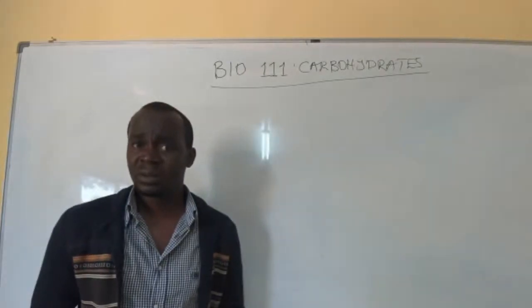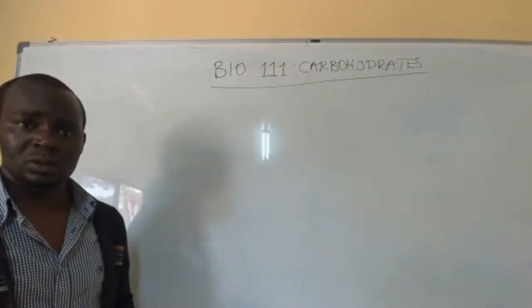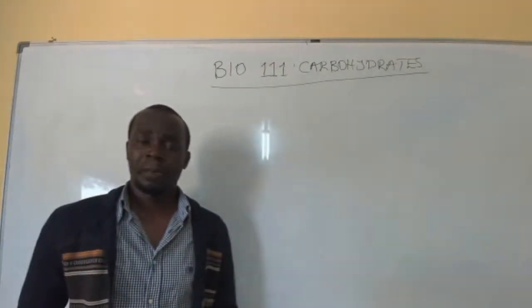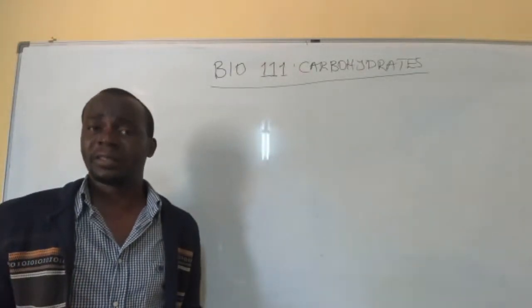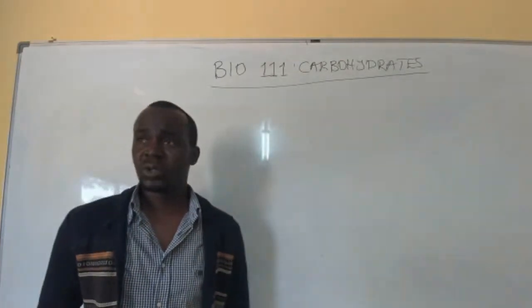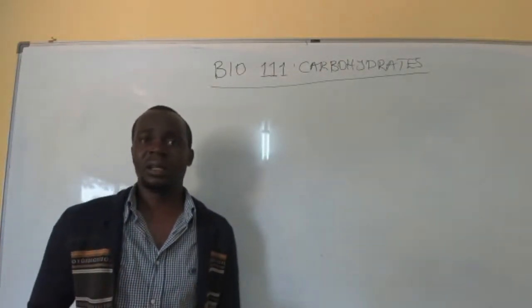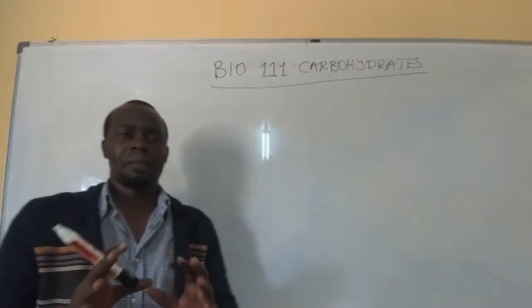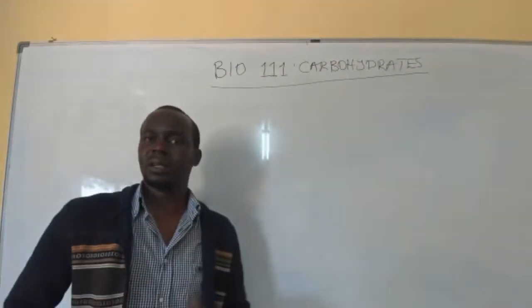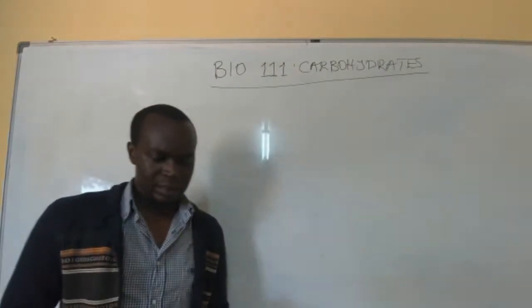Some common examples are glucose, sucrose, cellulose, and starch. I'm sure during grade 12 you covered tests for starch. Here we'll talk about starch and all these other carbohydrates in detail.